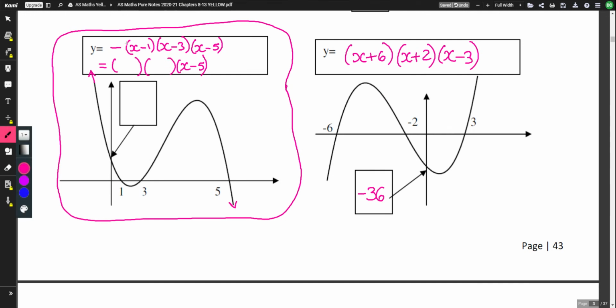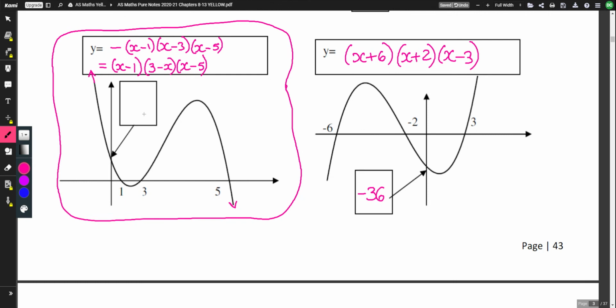Like I said a moment ago, the minus could go in any of the 3 brackets, not all 3, but only one of them, and it turns out it's gone in the middle bracket. So if we absorb the -1 into the middle bracket, that x becomes negative and the -3 becomes positive. We could write -x add 3, but it's neater to write 3 take away x. It's the same thing, of course.